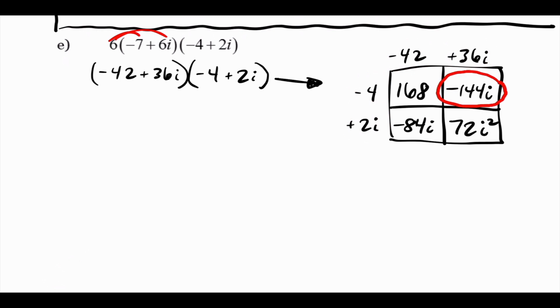Combine like terms. These two I can combine since they just have an i. So when I combine them, I add them. You get 228. Can't finish with an i squared. So now we have to plug in -1.